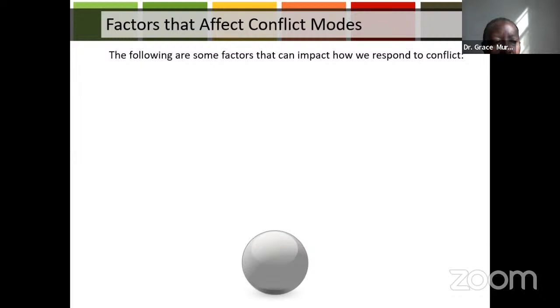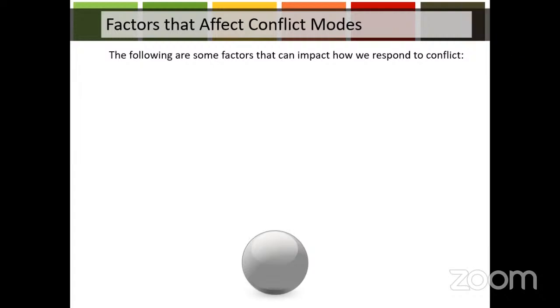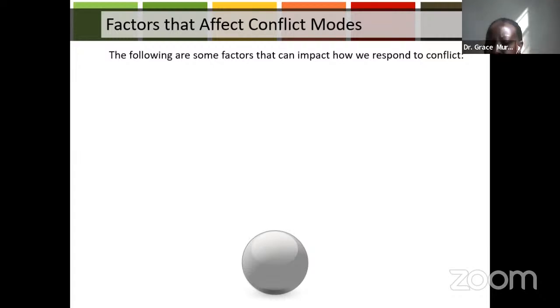I want to hear two factors that you think would affect how you as an individual respond to conflict. Let me hear 2 or 3 people. Okay, let me start. Yes. I'll say maybe the relationship between the parties. The relationship.